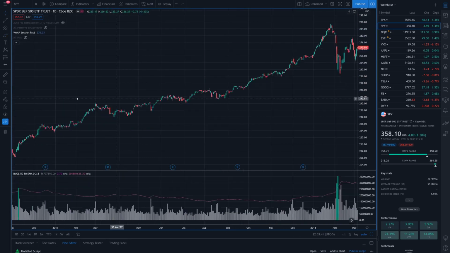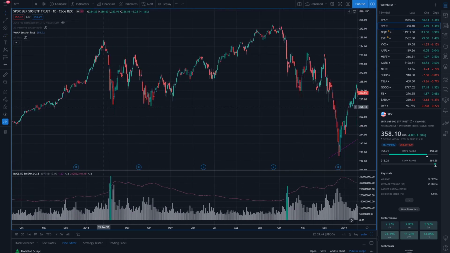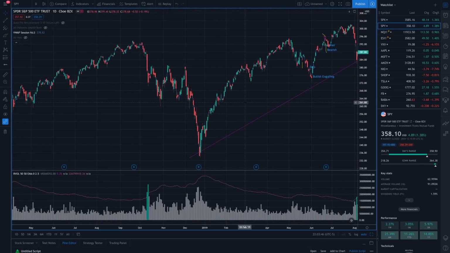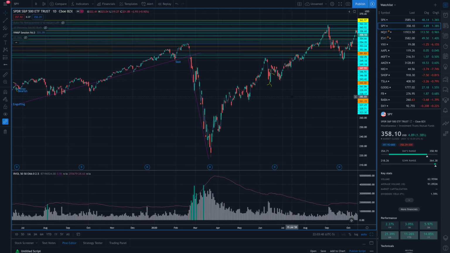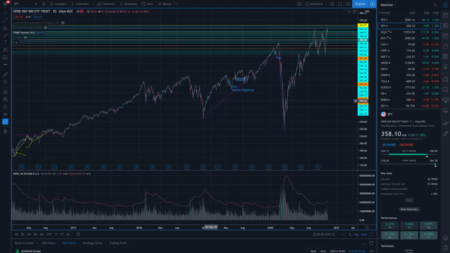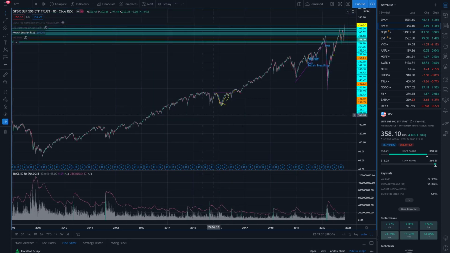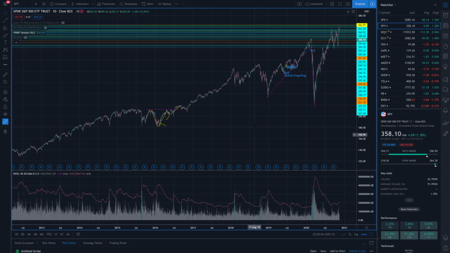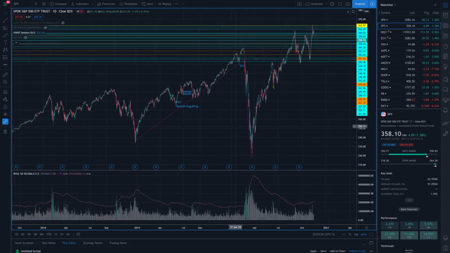Another pattern I want to cover is head and shoulders. A head and shoulders is a bearish sign. I want to make sure I'm covering everything.